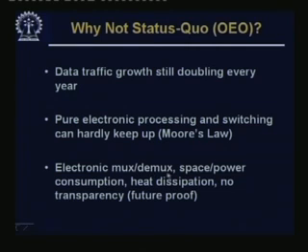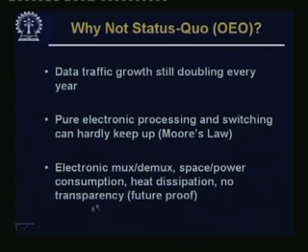Electronics demands space, power consumption, heat dissipation, etc. These are always problems, because when heat dissipation is more, it requires more space. And there is no transparency. No transparency means that it depends on the kind of system, the kind of modulation system, the kind of multiplexing system that you are using in that electronic component.